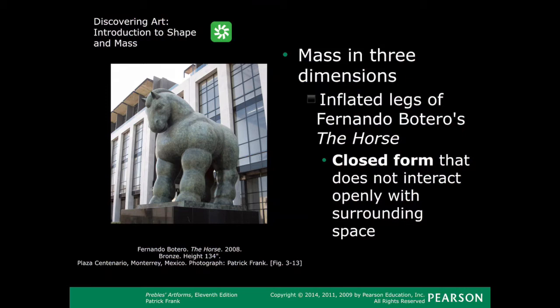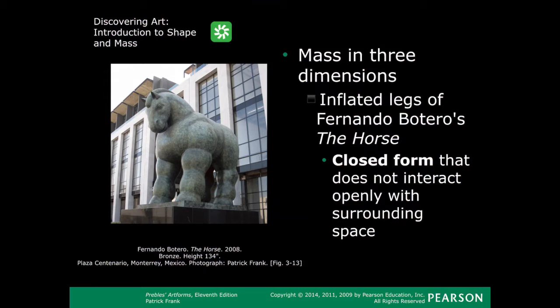And if we look at this object here, Fernando Botero, the horse made in 2008, made in bronze, a very large piece, you can see that mass really plays its role when it comes to things like sculpture, because we are looking at the object, we are imagining how it would feel to be close to the object, to physically touch the object, to witness the size and the mass.